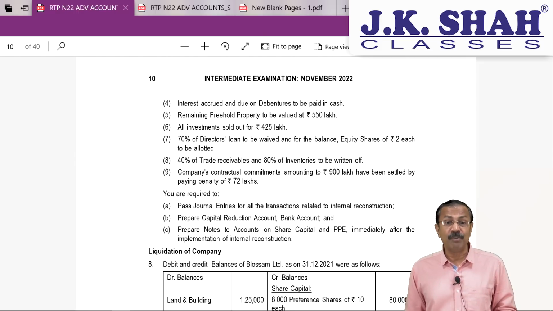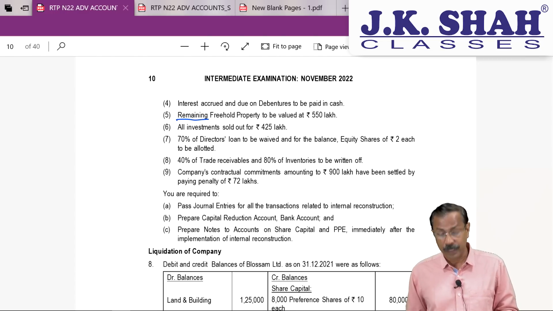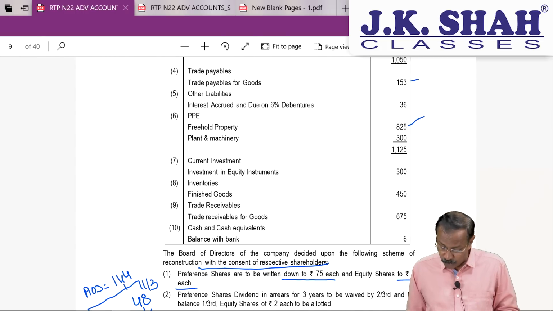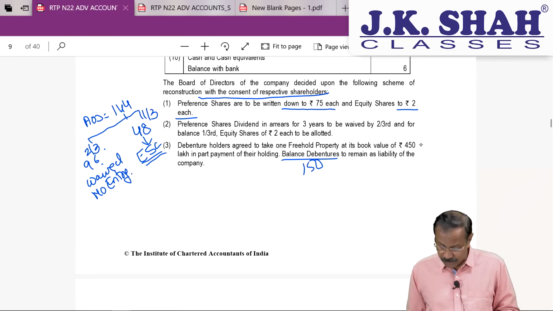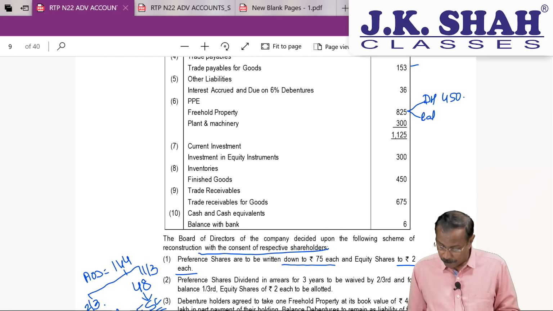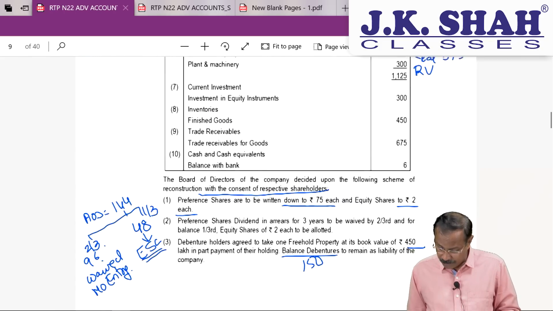Freehold properties to be valued at 550 lakhs, remaining freehold property. Now, if you see the balance sheet, out of 825, debenture holders have taken 450. So the balance will be, can I say 375? Revised value is 550.